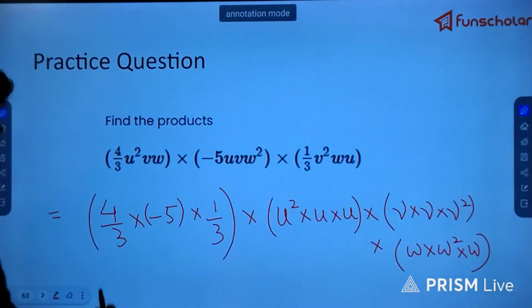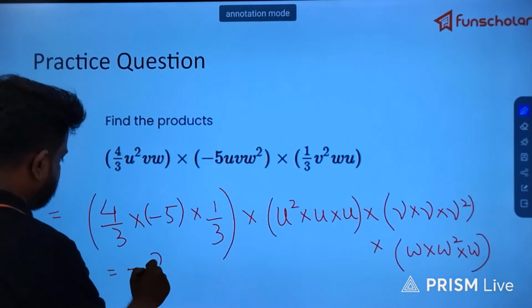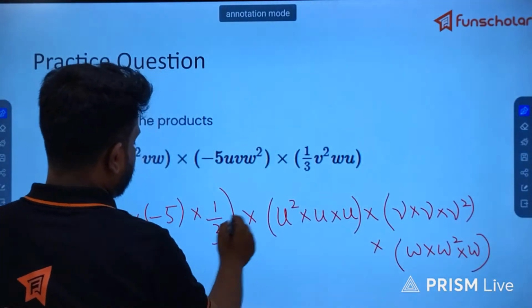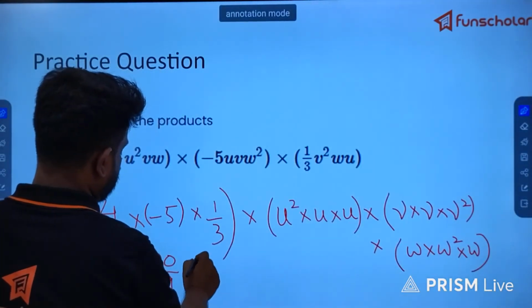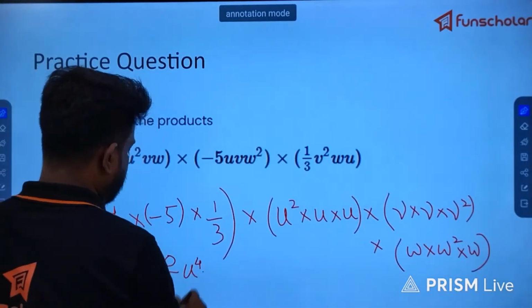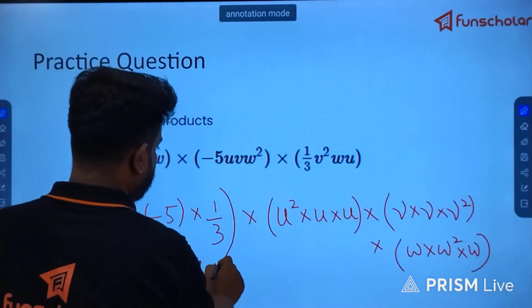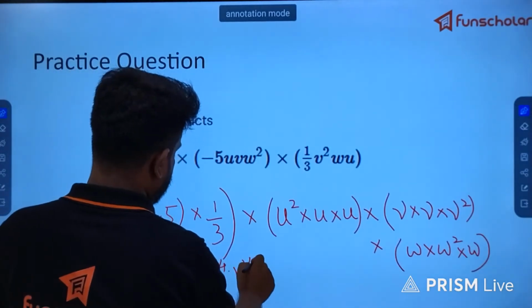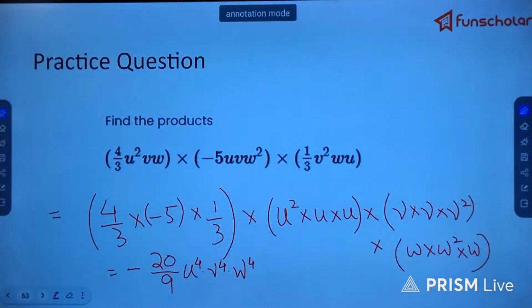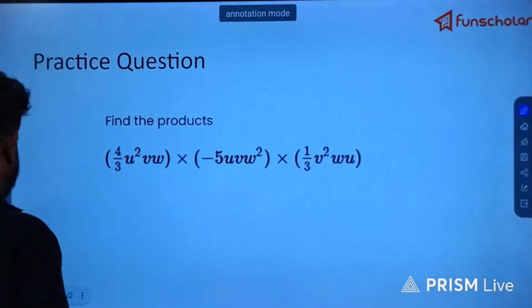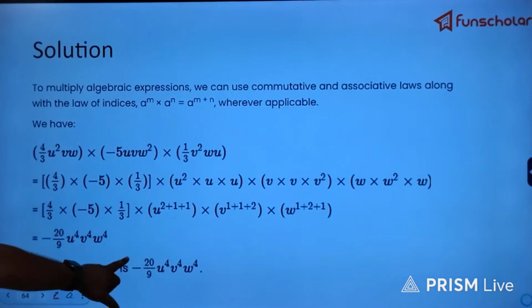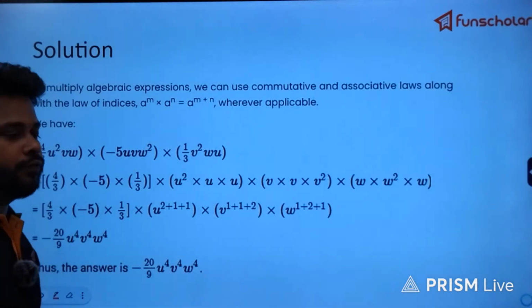Okay, done. So it will be minus 20 by 9, and then we will be having u to the power 4 and v to the power 4 as well, and w to the power 4 as well. So the final answer will be this. Yes, minus 20 by 9, u to the power 4, v to the power 4, and w to the power 4 as well.